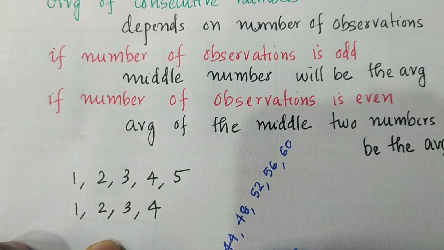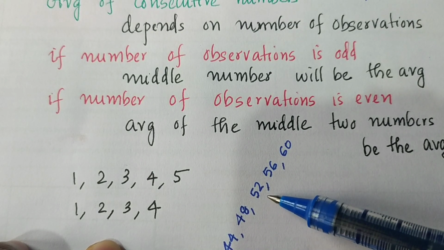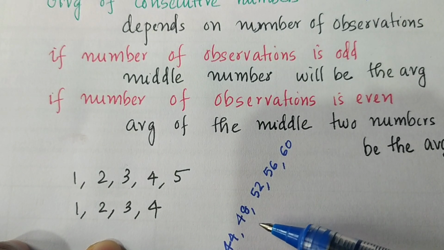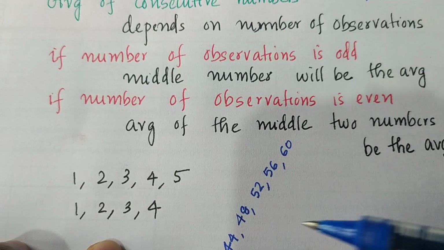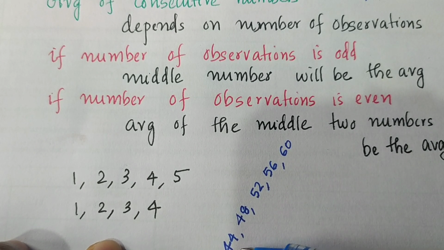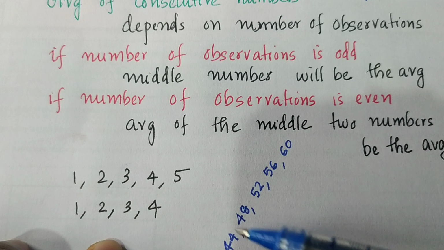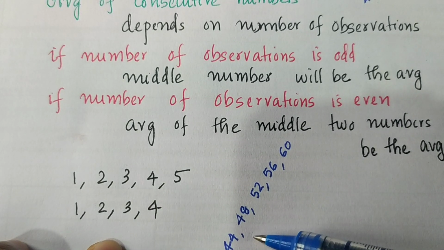So consider the series of numbers 44, 48, 52, 56 and 60. If we are told to find out the average of these numbers, what do we have to do? These are consecutive numbers. It follows a pattern. The difference between adjacent numbers is 4.